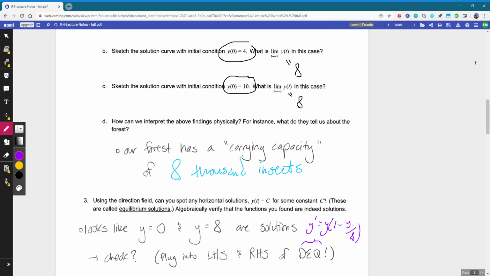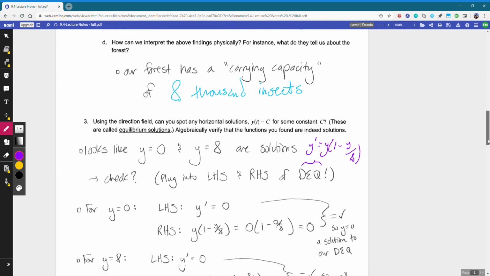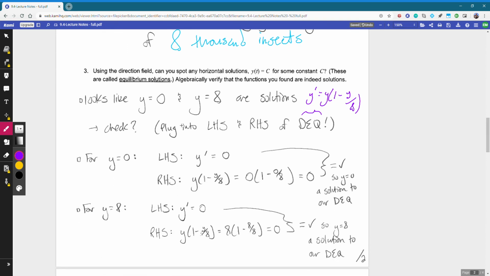And so if we want to, say, start with y equals 0, well, then the left-hand side of our differential equation is just y prime. And well, what's the derivative of our constant function 0? It's just 0.